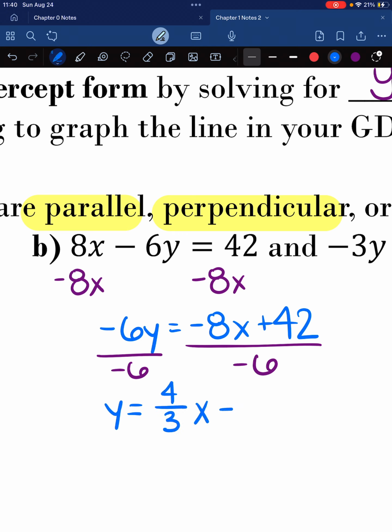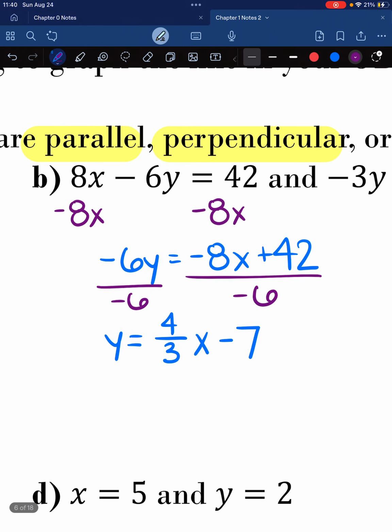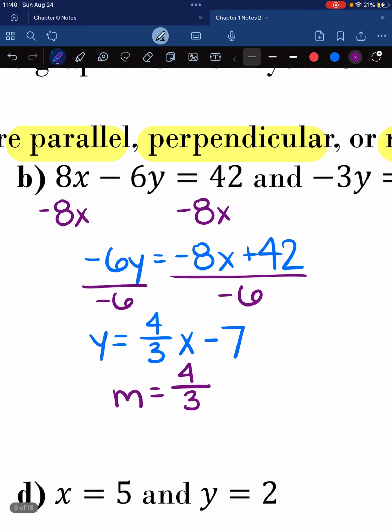And remember, we do not like slope to be a decimal. We always want to leave it in fraction form, because the way that I interpret this slope is that the y value goes up 4 every time the x value goes up 3. So that's that rate of change that the slope describes.